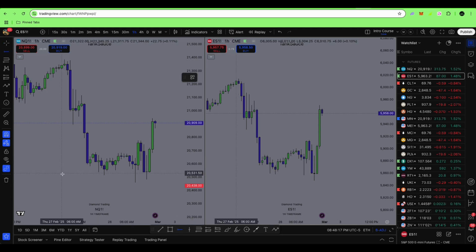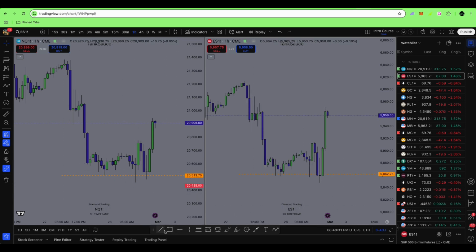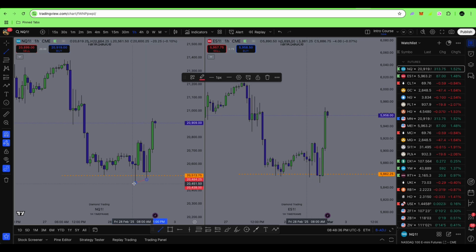When NQ and ES are correlated, say we have a level here on one or the other, and both of them reach the price. Now here on NQ, or the Nasdaq, this low is formed, which is this low on ES.